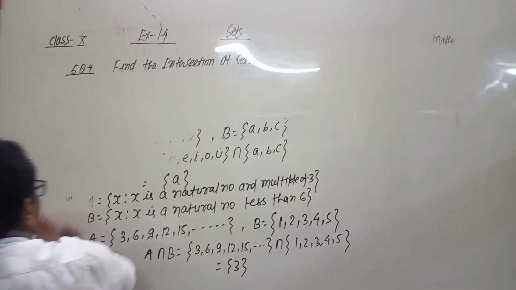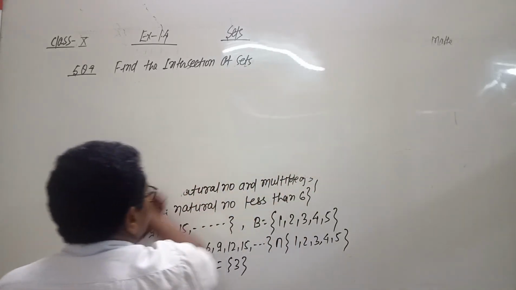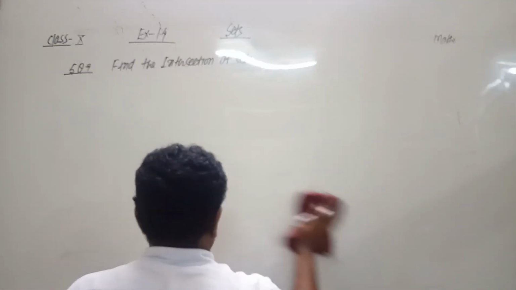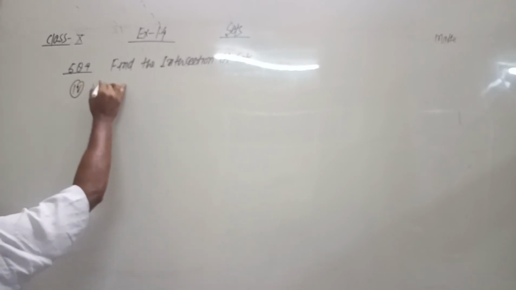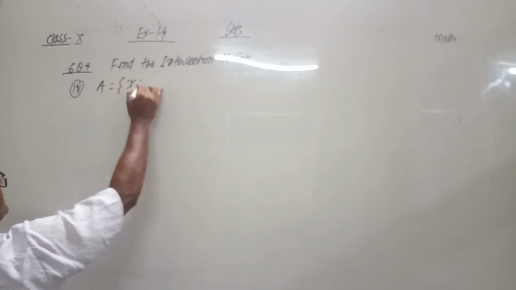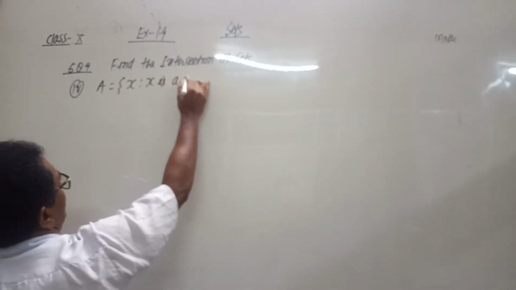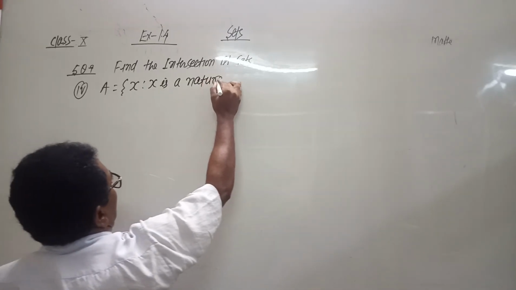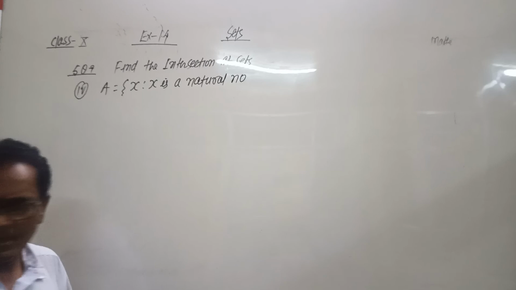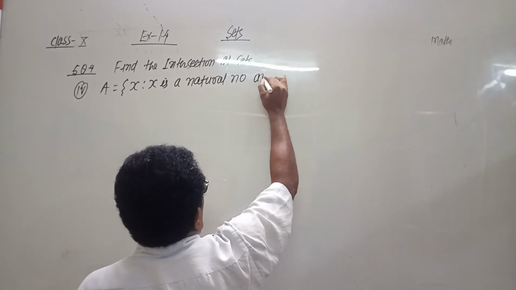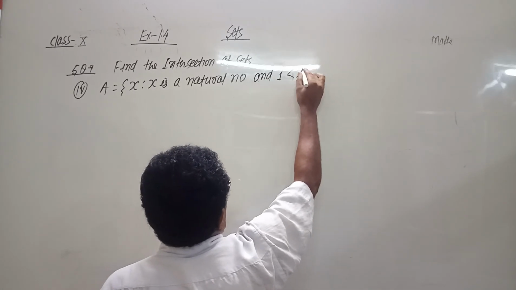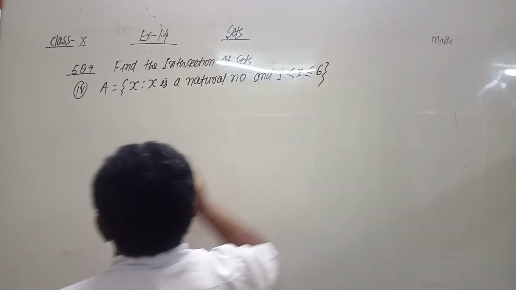Now part 4. A equals to x such that x is a natural number and 1 is less than x is less than or equal to 6.